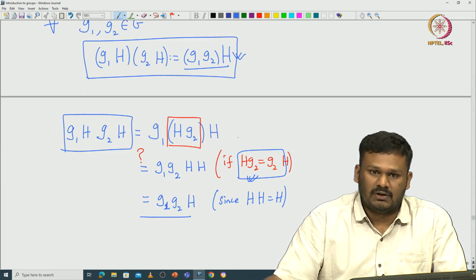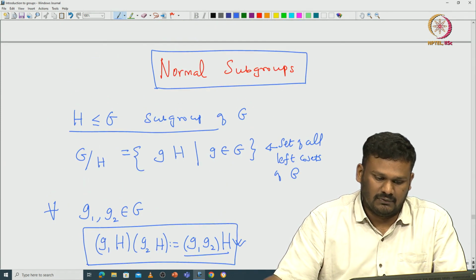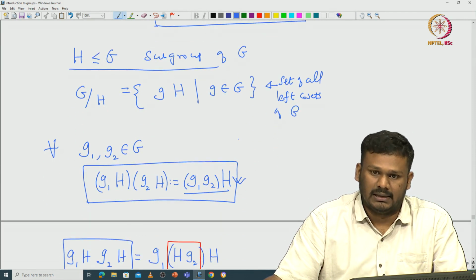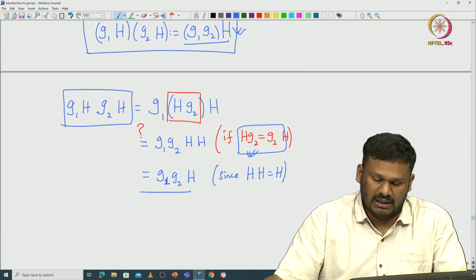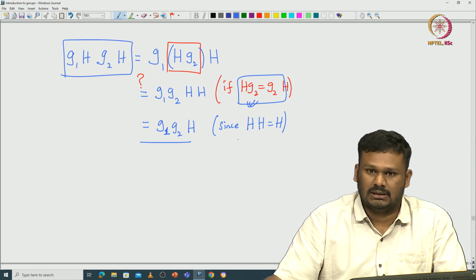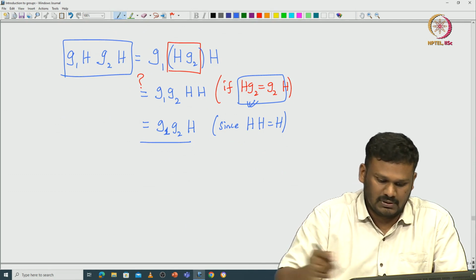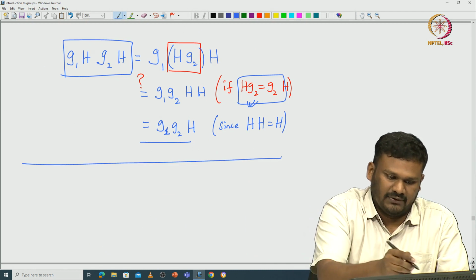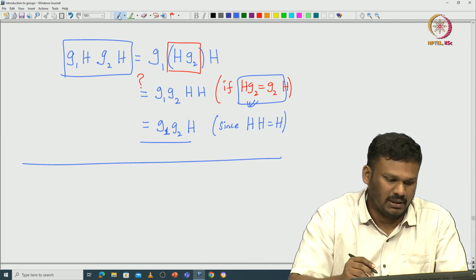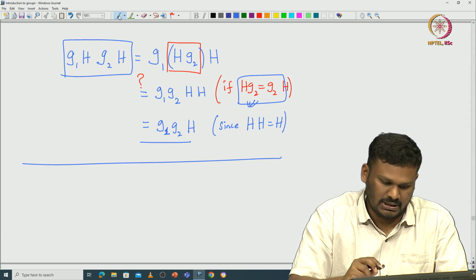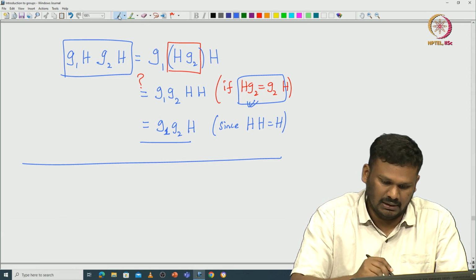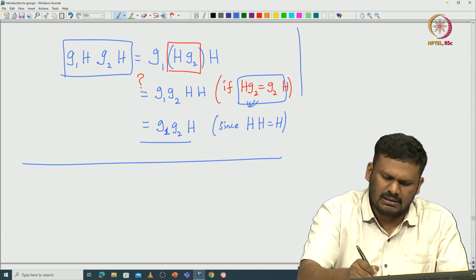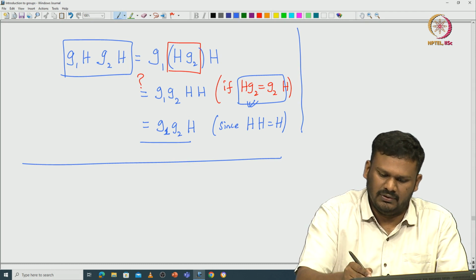So, this is what somewhat motivates us to define what are called normal subgroups. Let us see the definition of normal subgroups, and in a minute I will give you various characterizations of these normal subgroups. There are many ways to define them, because there are various characterizations. So, let us take something that we have here and rewrite this property that we were demanding.